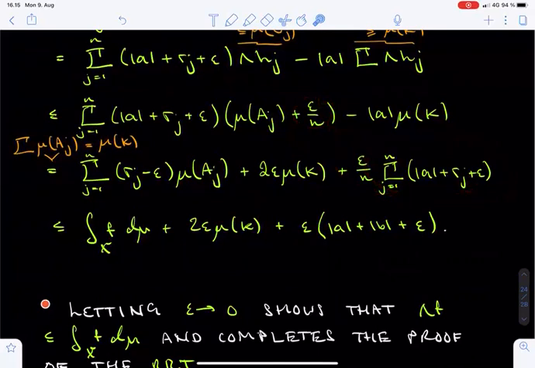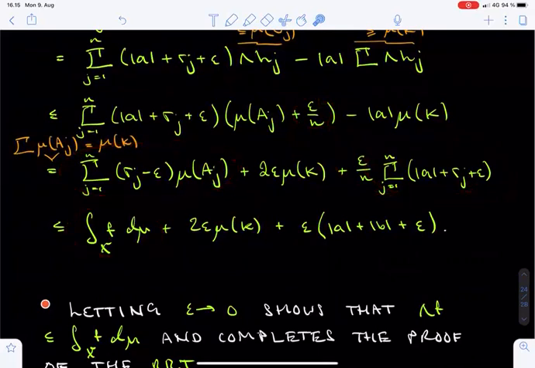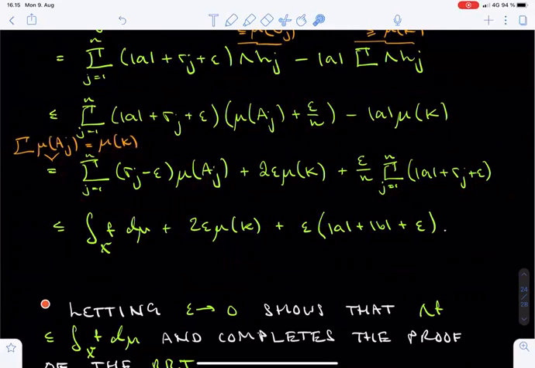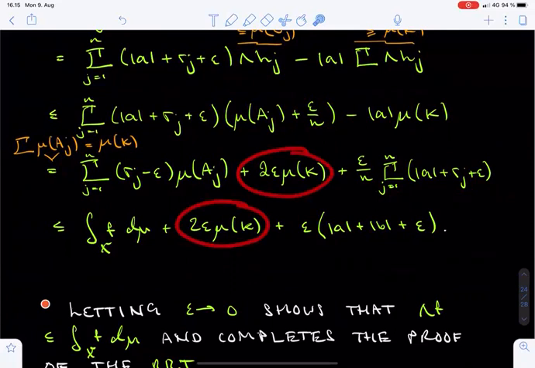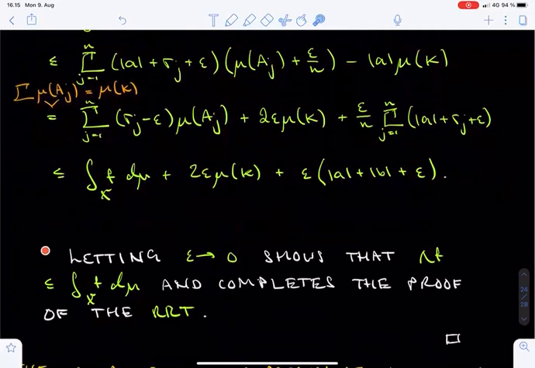We are nearly done. The first sum is bounded from above by the mu integral of f. Recall that this sum was exactly the integral of the simple function s we defined earlier, which was dominated by f. The second term remains untouched and still equals 2 times epsilon times the mu measure of k. In the last term, we use crude bounds.